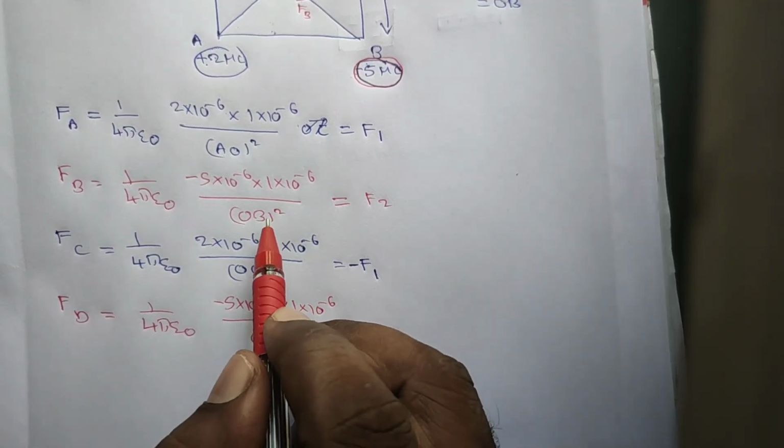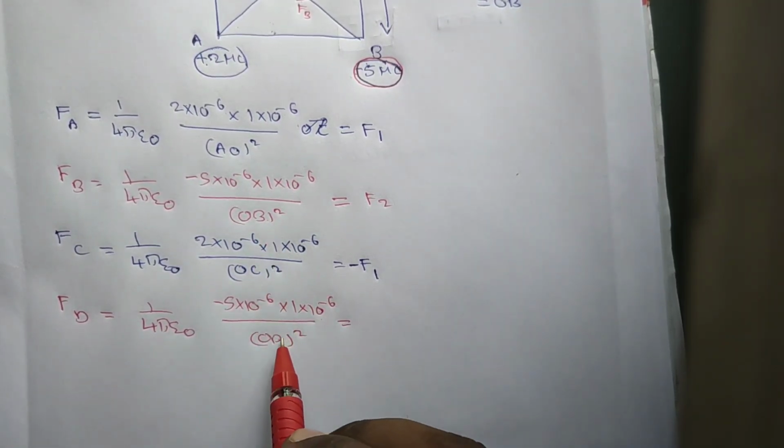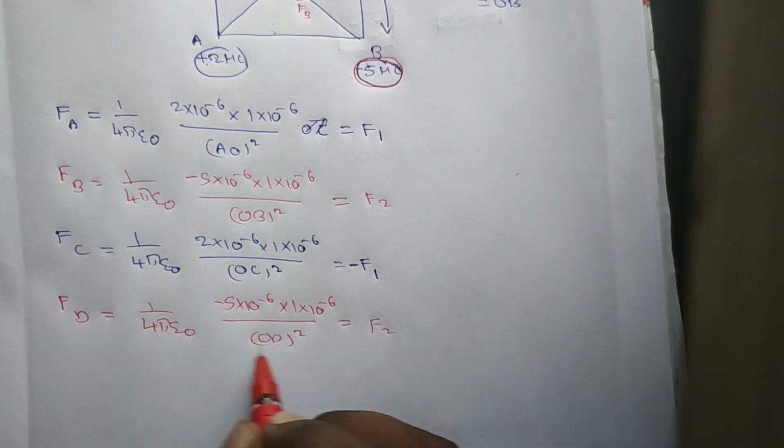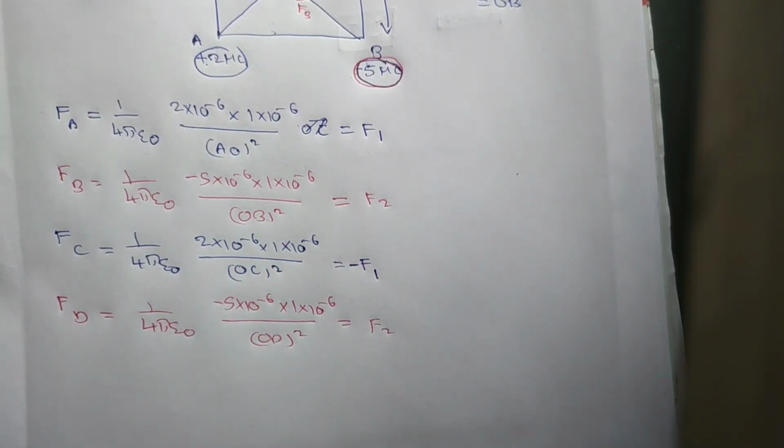OD and OB are equal in magnitude, so this is equal to F2. This magnitude is similar to this, but we need to see the direction of FD.